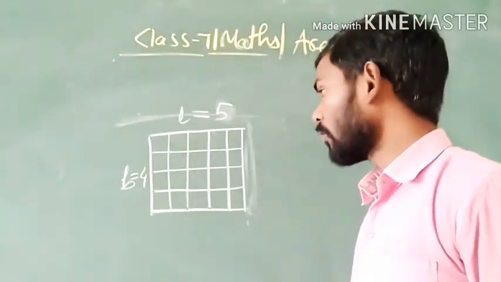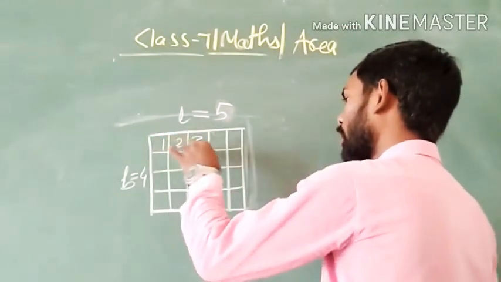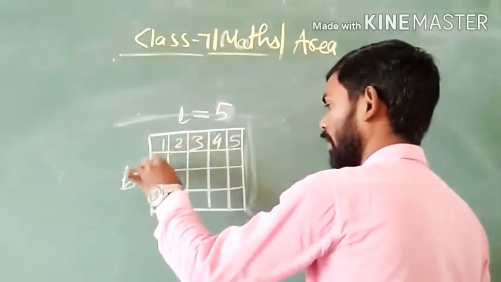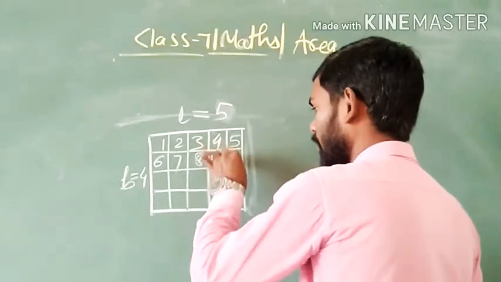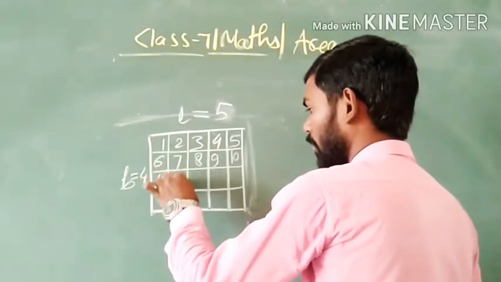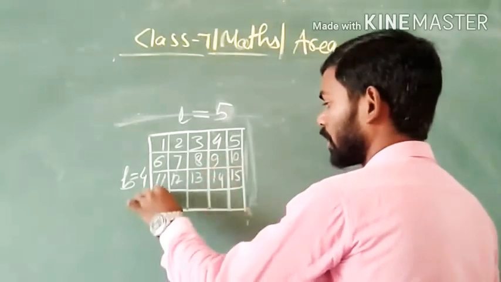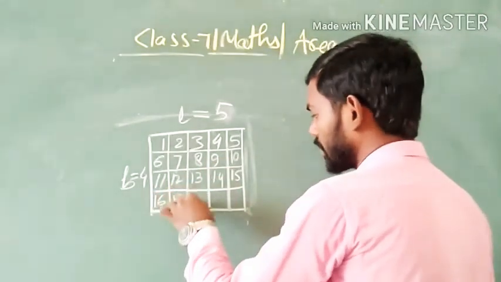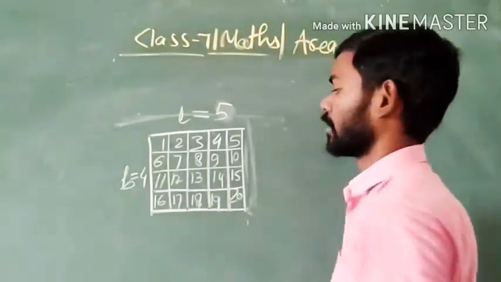So whenever we count, we get 1, 2, 3, 4, 5, 6, 7, 8, 9, 10, 11, 12, 13, 14, 15, 16, 17, 18, 19 and 20.